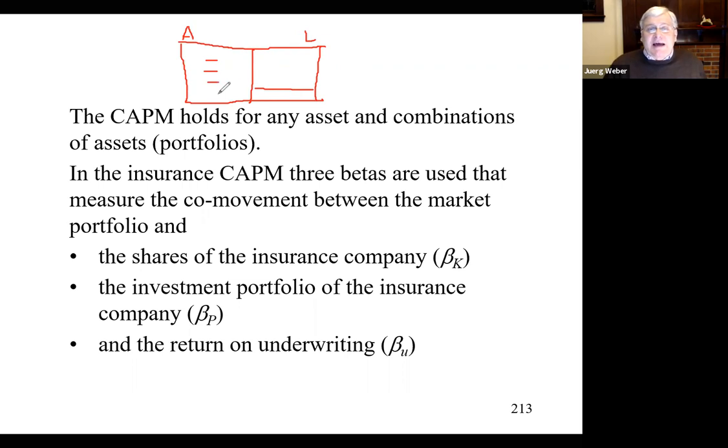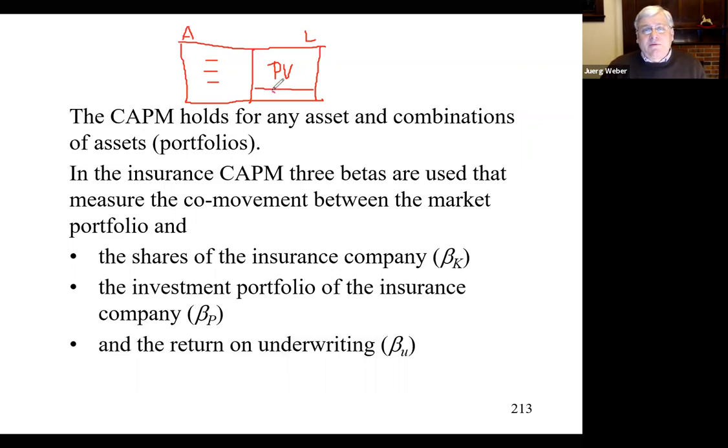On the right side, the liabilities of the insurance company arise because the insurance company has liabilities towards insurance buyers. That's the present value of all future payments to insurance buyers when those insurance buyers experience some losses, because maybe they have an accident or there is a house fire.